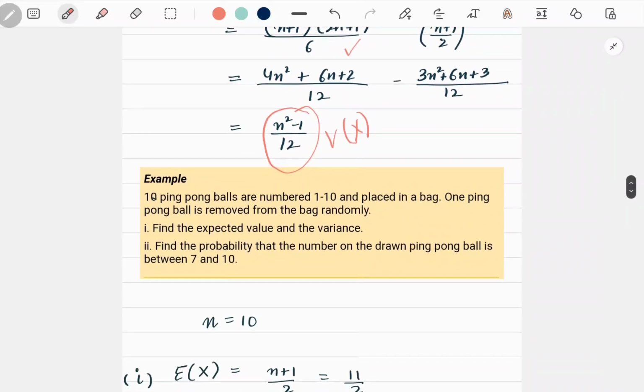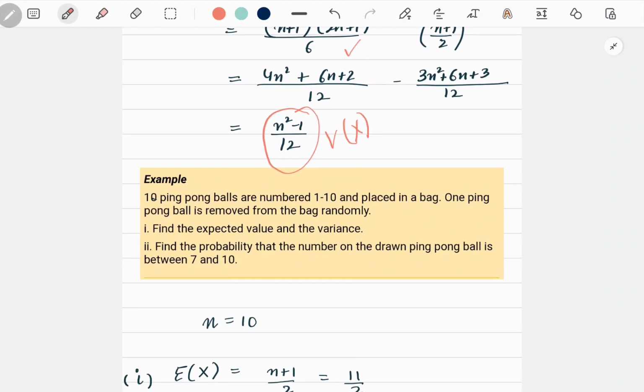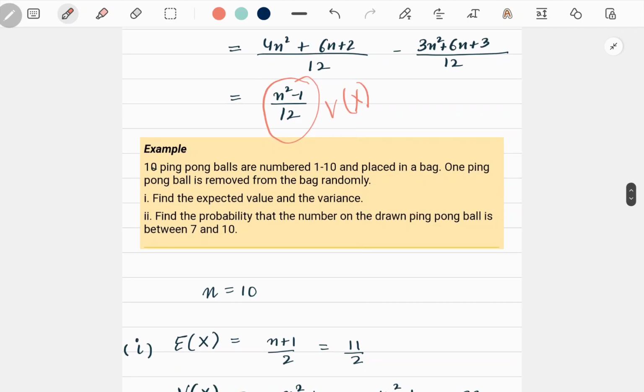If we know that this follows uniform distribution, we can calculate so many things, and we will see how. Here we have a case where we have 10 ping pong balls numbered from 1 to 10 and they are placed in a bag. One ball is removed from the bag randomly. So you have 10 balls and you are picking one ball out of that bag.